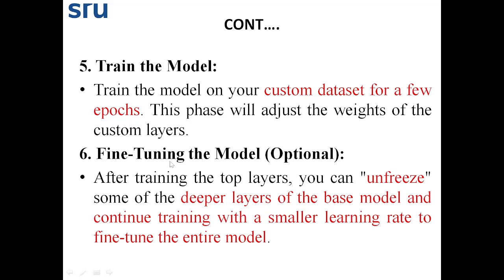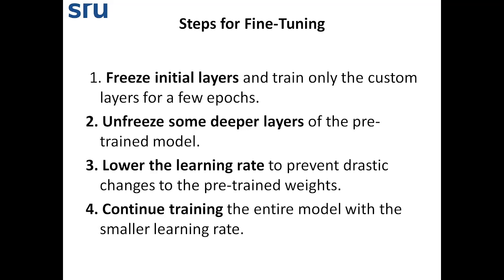Fine tuning the model means that after training the model, you can unfreeze some of the deeper layers of the base model and continue training with a smaller learning rate to fine tune the entire model. This is called fine tuning the model. Now we will see the steps of fine tuning.